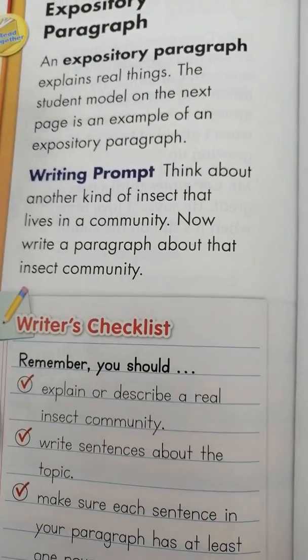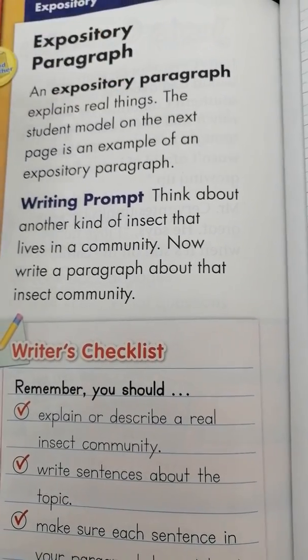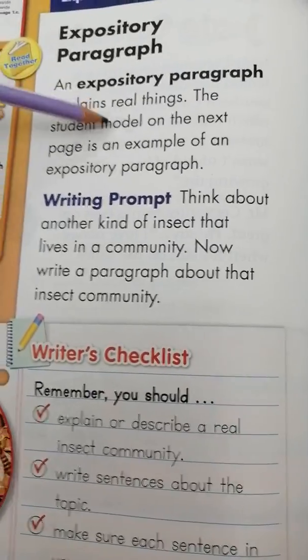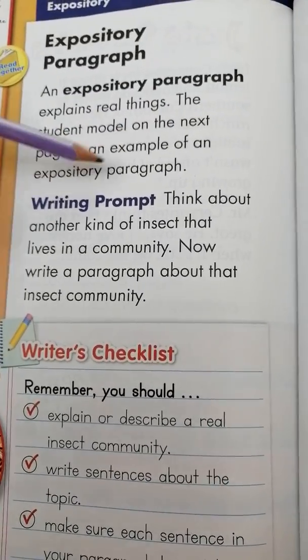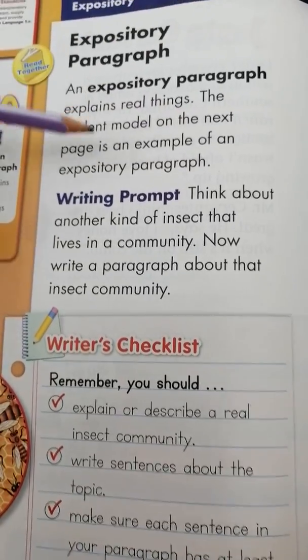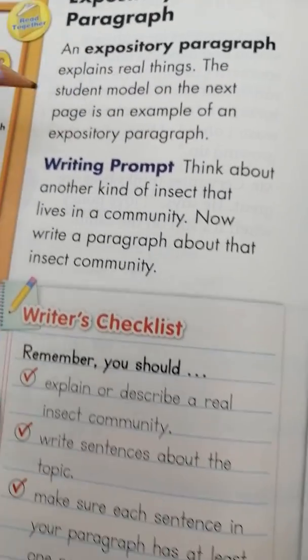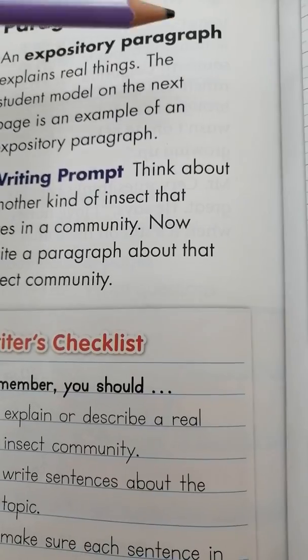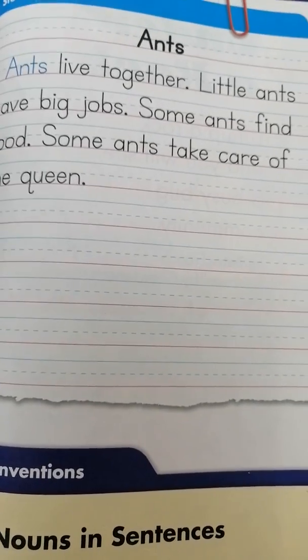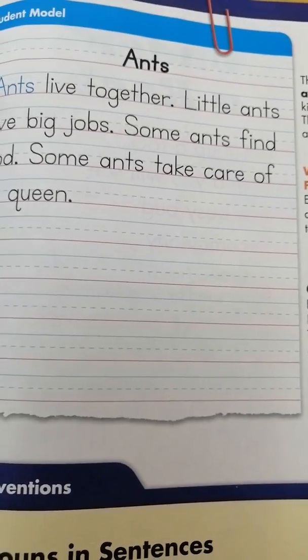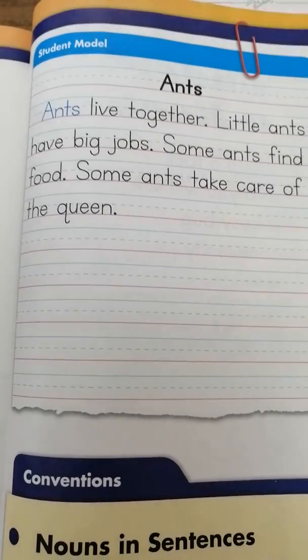Explains real things. The student model on the next page is an example of an expository paragraph, to write real things about insects, for example. Look here on the other page. This is a model. You can make like it.